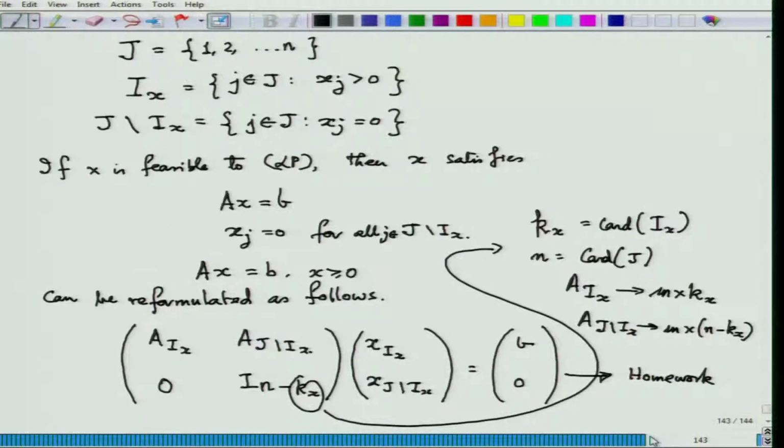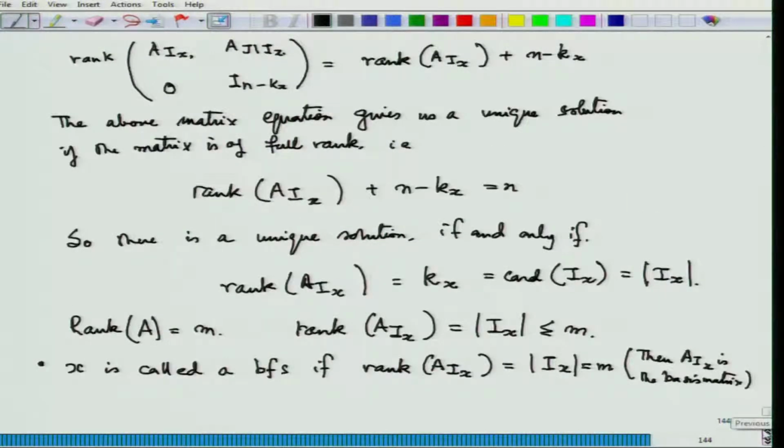0, or rather I would say this expression can be reformulated as follows. Means writing this is the same as writing this, and I say it is of this form.